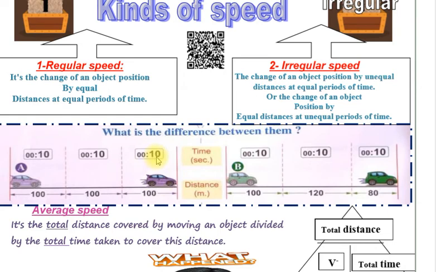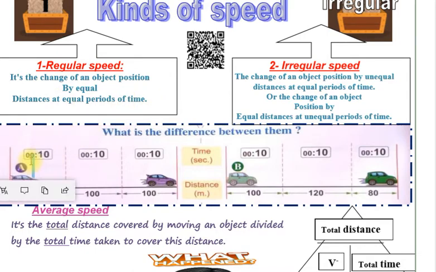In this case, we can say that the car, or this object, moves at regular speed, that is, it changes its position by equal distances. We have 100 and 100 and another 100 at equal periods of time. What are the periods of time?